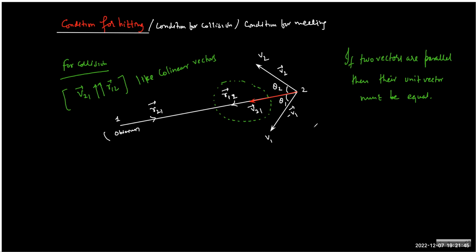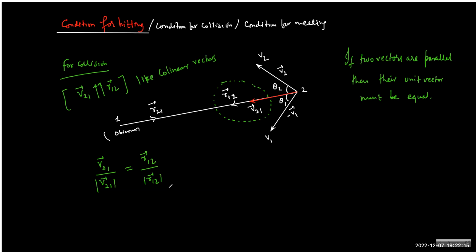We cannot compare the two separate vectors, but unit vectors are those vectors which have no dimension. They are just a number and a direction. So the condition is V21 divided by its modulus must be equal to R12 divided by its modulus.